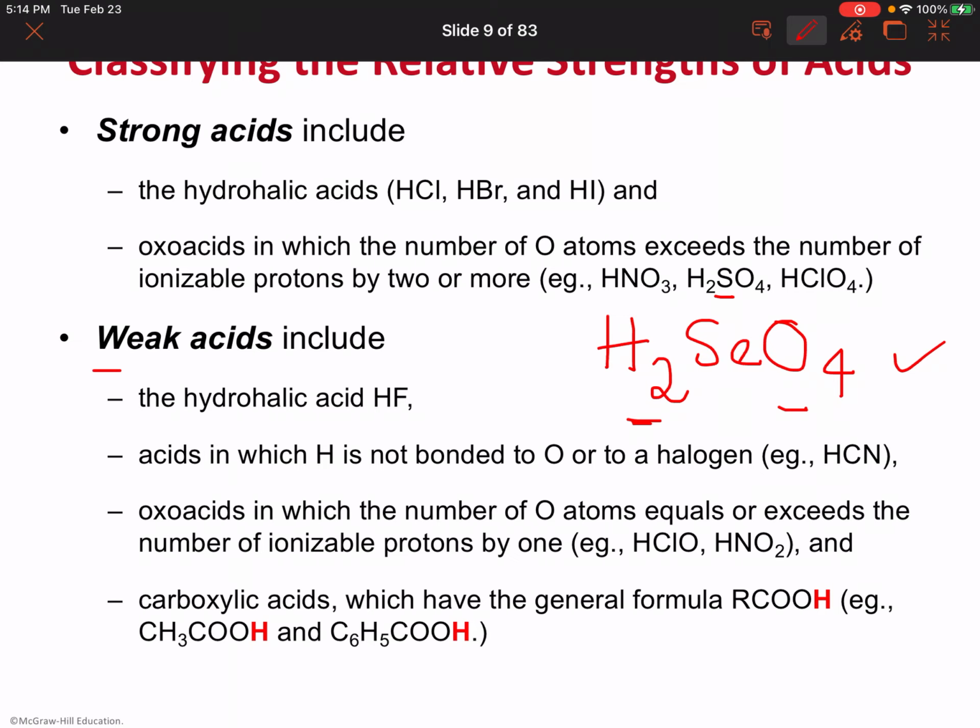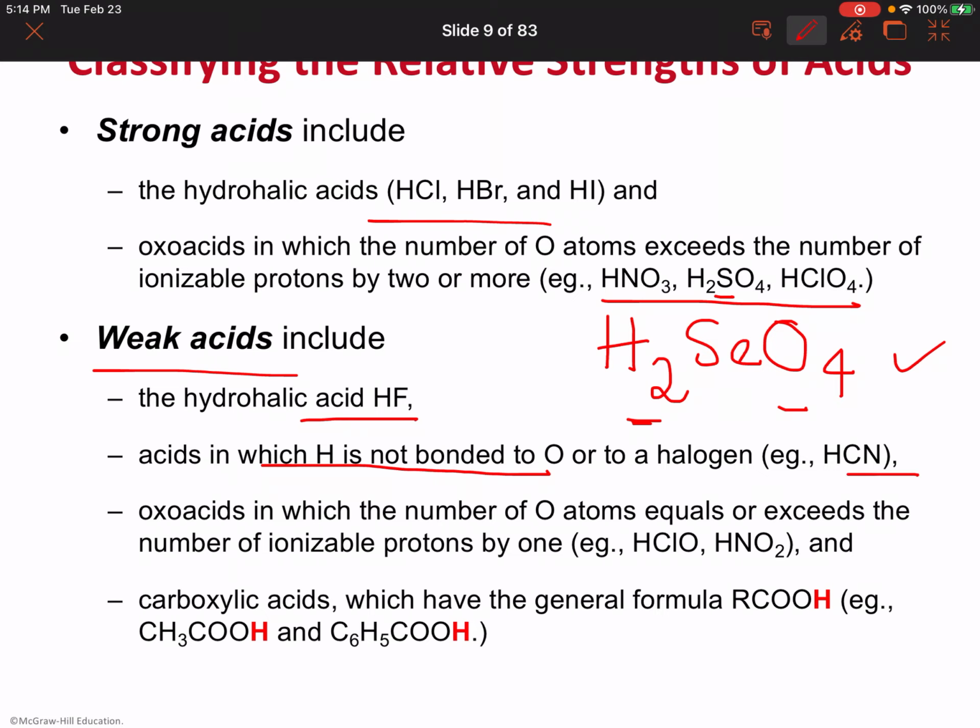And then the weak acids. Anything other than these 6 strong acids, you can consider as weak acids. Hydrohalic acid HF is a weak acid. And then acids in which hydrogen is not bonded to oxygen, like hydrogen cyanide.